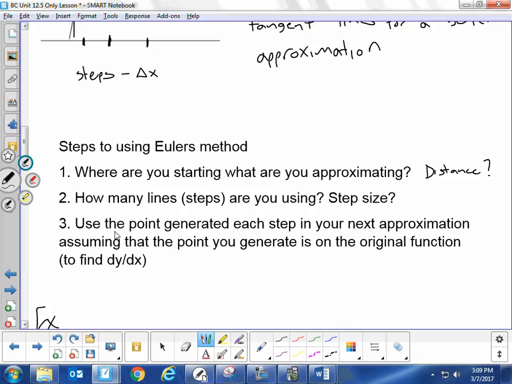We're going to use the point generated each step along the way in our next approximation. We're going to assume that that point that I generate is on the original function to find the slope of its line.